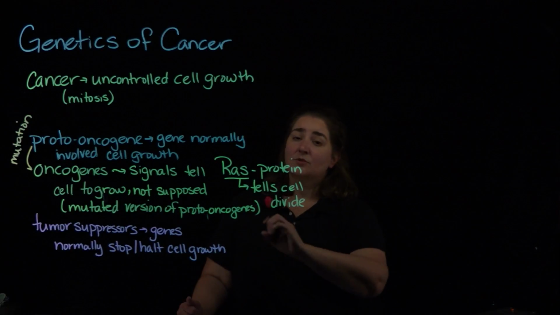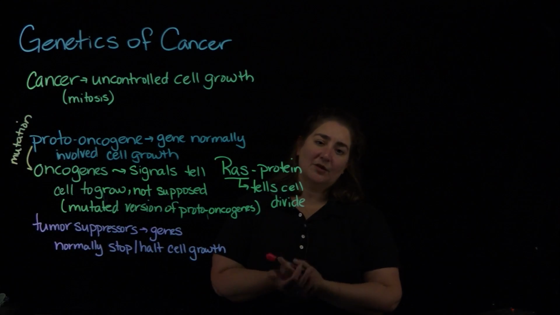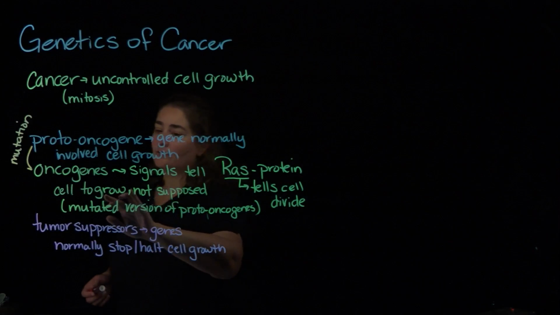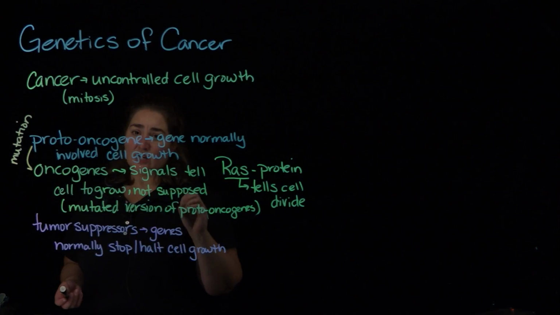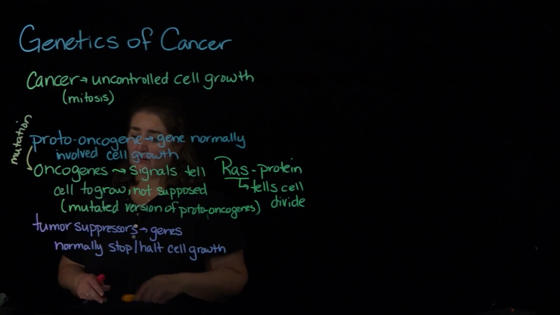So those tumor suppressors have the ability to tell cells to implode and die, okay? Because they're there as a checkpoint so that abnormal growth doesn't happen, okay?